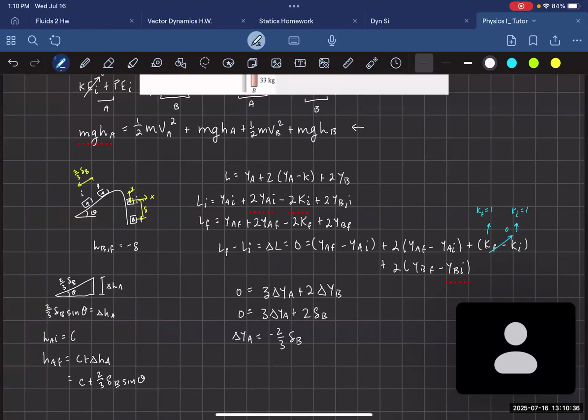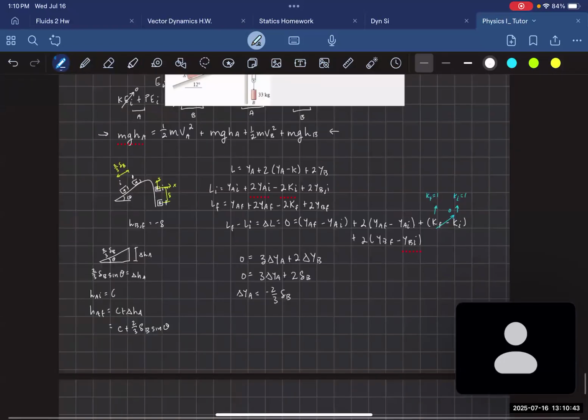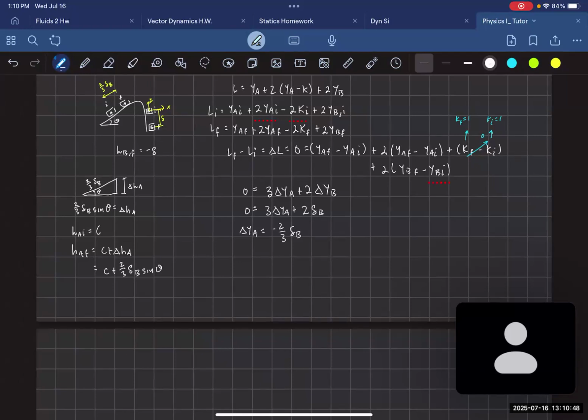energy equation, we pretty much have everything we need to plug in, right? So this is a little bit messy. We're going to clear it up and we're going to write: HA initial is equal to C, HA final is equal to C plus 2/3 delta B sine theta.